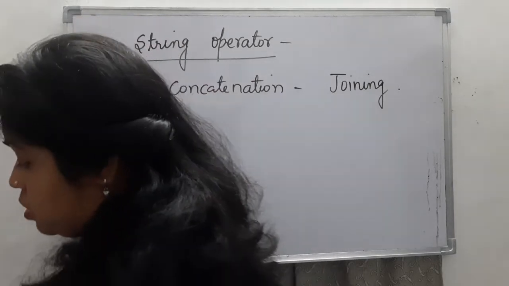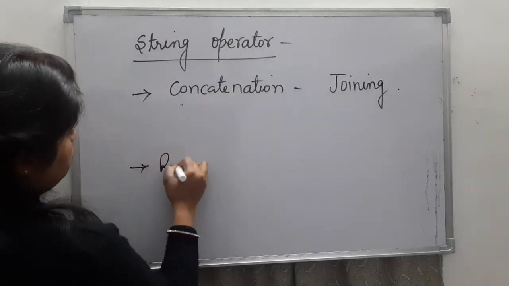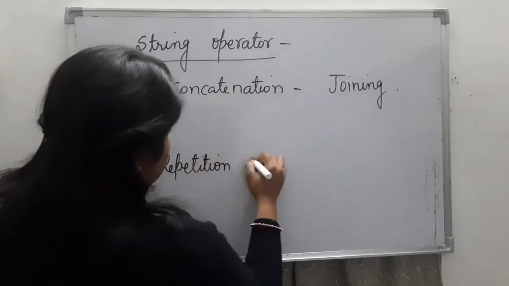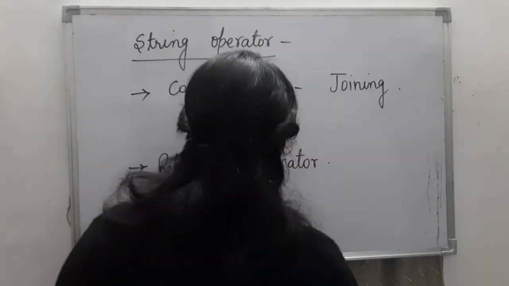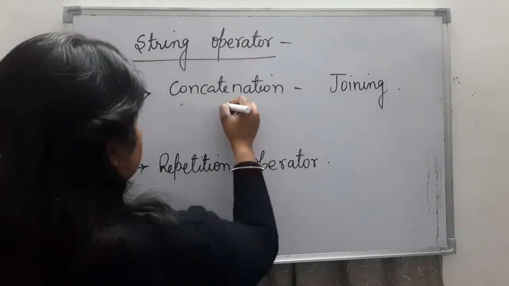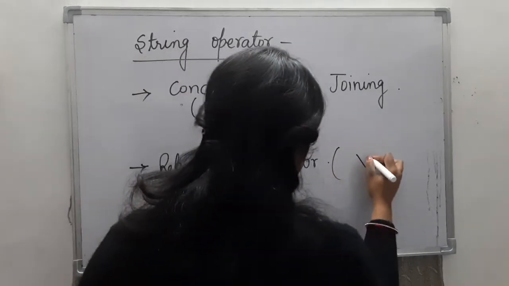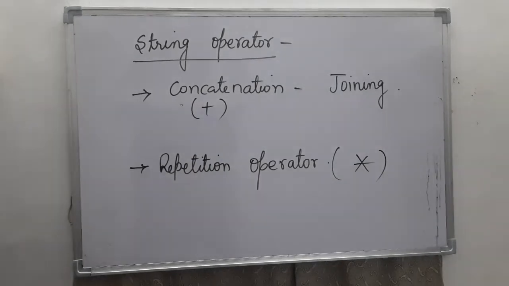And the other one is repetition or replication. In Python the concatenation operator is the plus, and the repetition operator is the asterisk, or star, as we say in normal language.